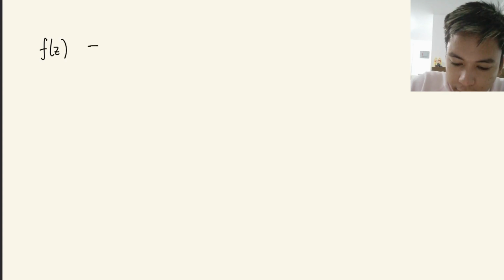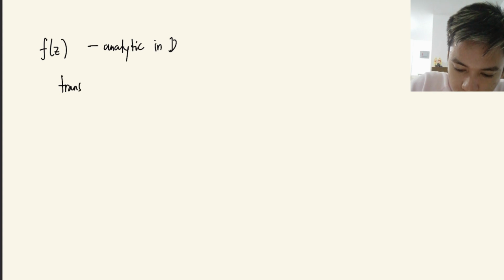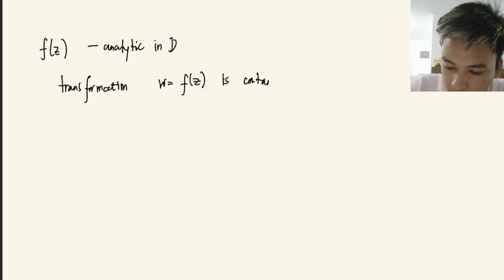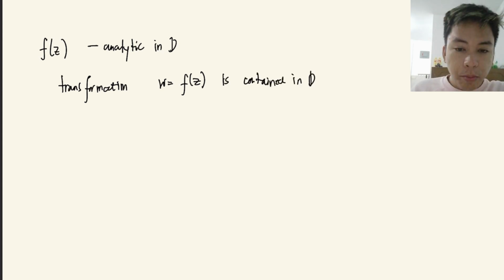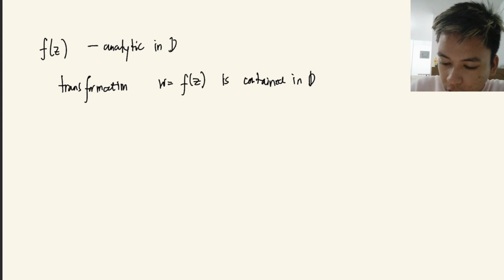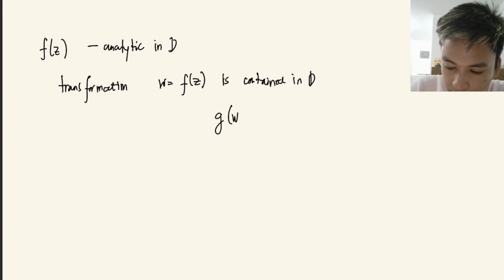Okay, suppose that a function f of z is analytic in D, and that the image of D under the transformation w equals f of z is contained in the domain of definition of a function g of w.